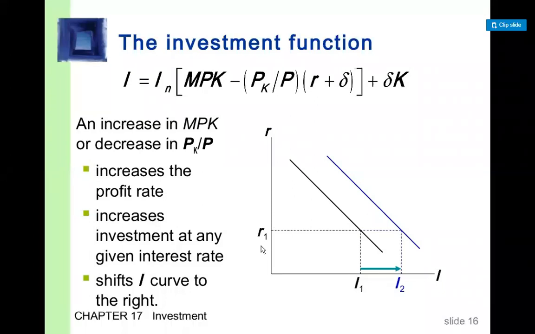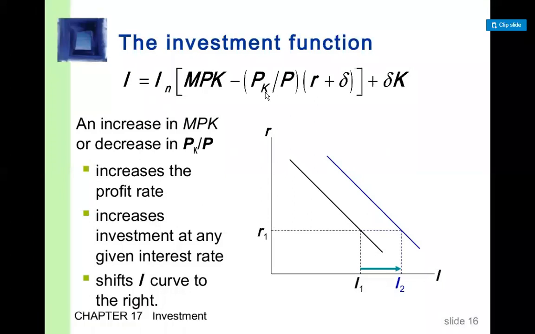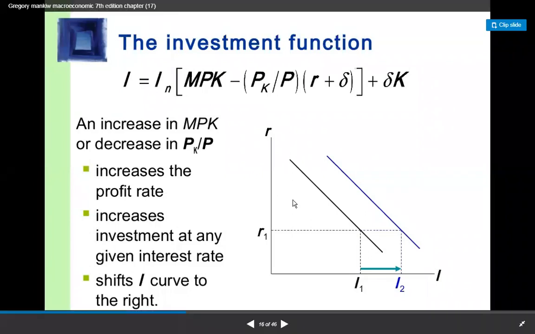The second option, as relative price increases. जब relative price increase हो जाएगी, real cost क्या हो जाएगी? बढ़ जाएगी. जब cost बढ़ जाएगी, cost बढ़ने का इम्पैक्ट क्या होगा? Profit rate will decrease. जब profit rate decrease होगा, it will shift the investment function downward, left, at given interest rate.